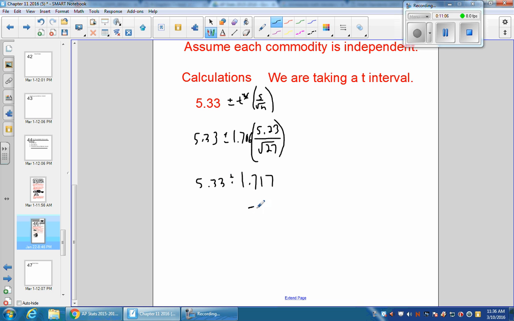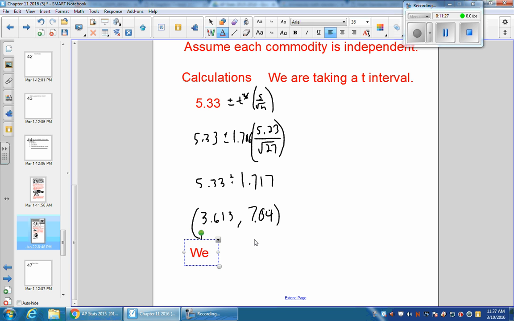I found 1.717. So I take 5.33 plus that answer, I get 7.04. And 5.33 minus that, I get 3.613. So that's our interval.